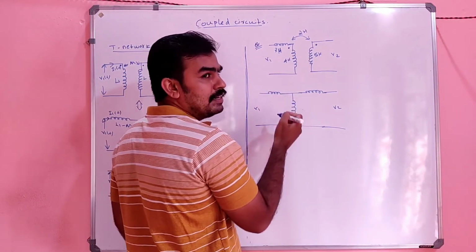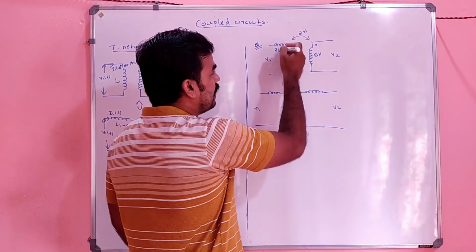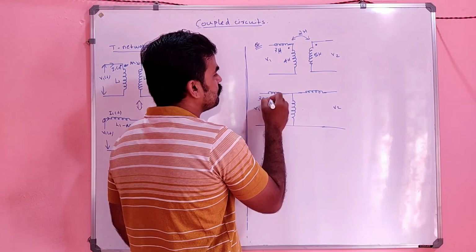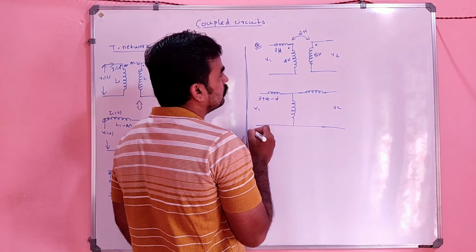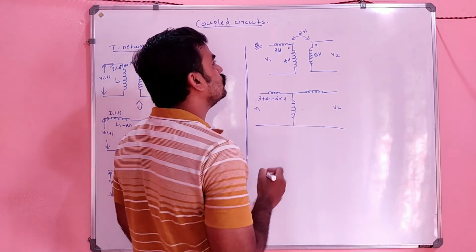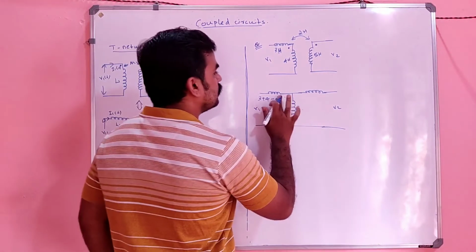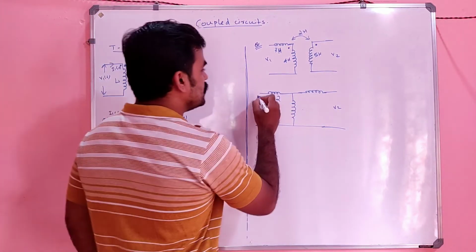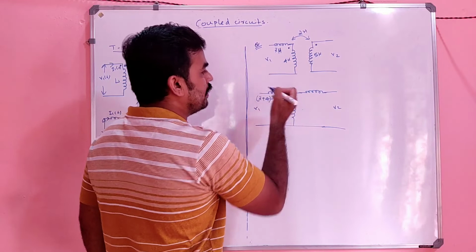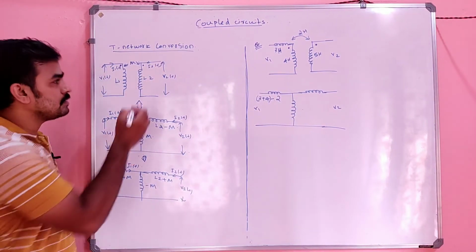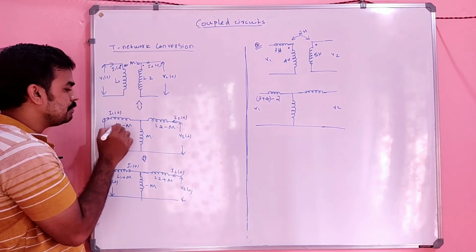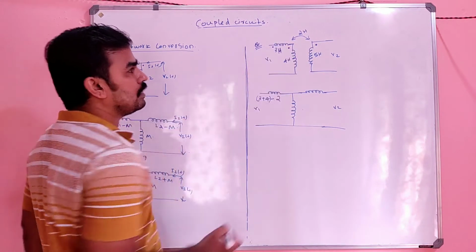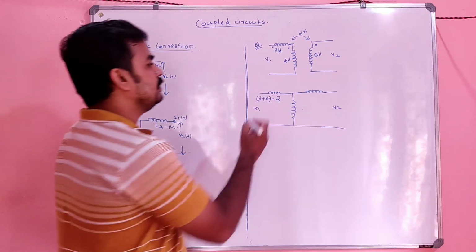So that conversion will be equal to what? Simply, the two L1 inductors are in series, so the effective inductance will be L1 plus L2 minus M. If it is one circuit, it is simply L1 minus M. If two inductors are there and both are in series aiding nature, then the inductance is always added.